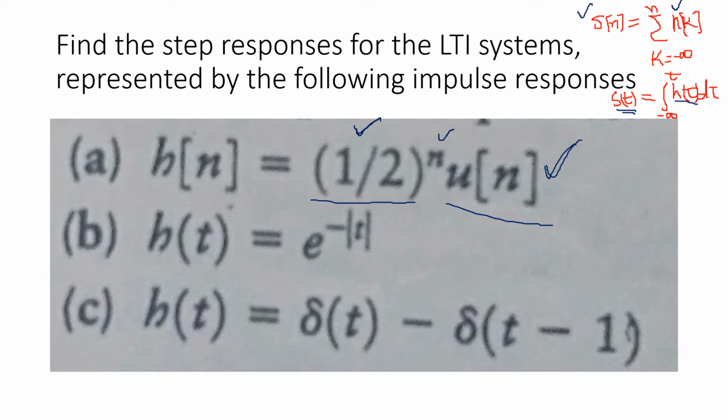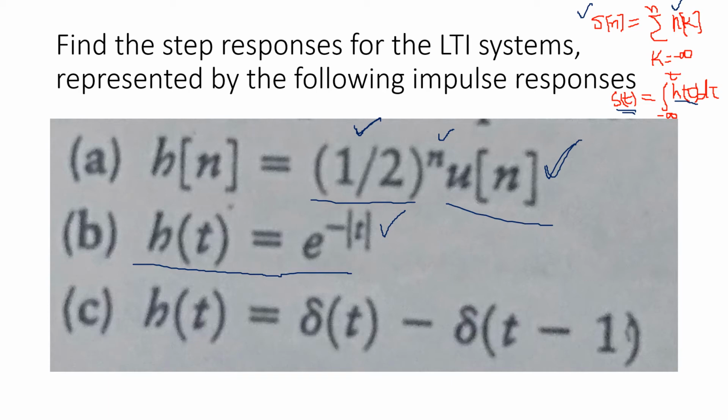In the second part, we are given h(t) equals e^(-|t|), right? So you understand this is for the continuous time case, and you probably know what e^(-|t|) tells. Definitely this is an exponential signal, but whether it is growing or decaying?